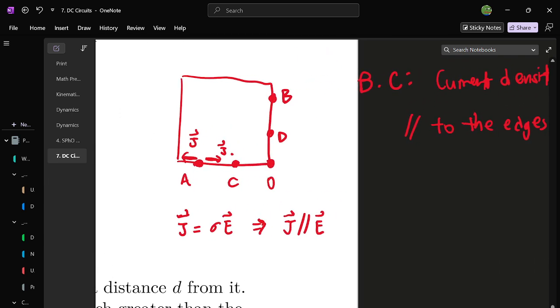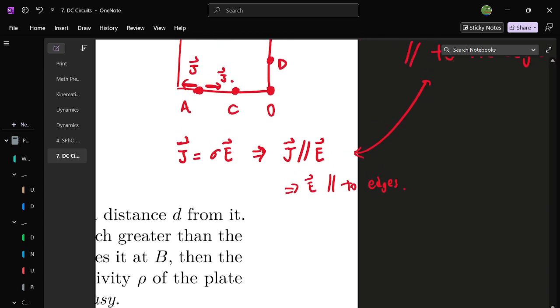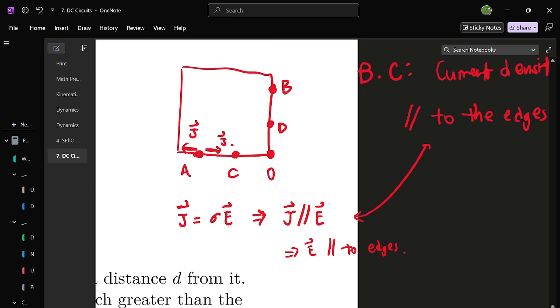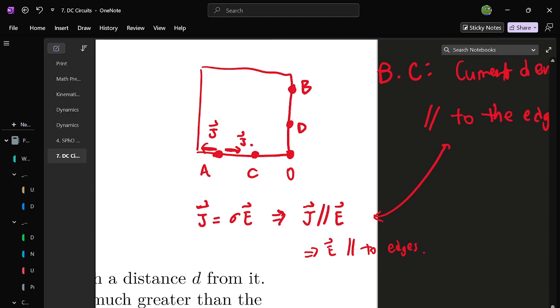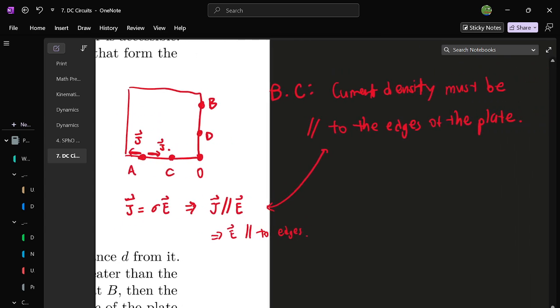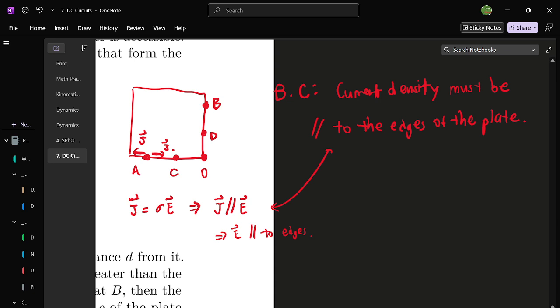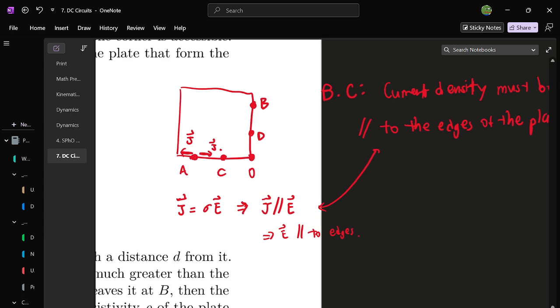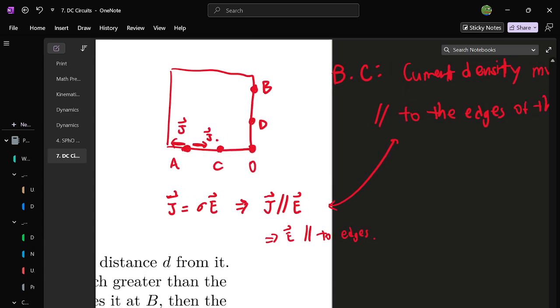Which means that this boundary condition asserts that your electric field must be parallel to the edges, which is the case you expect a conductor to behave in. Because if it wasn't, it fails the conditions, right? Does that make sense to you?